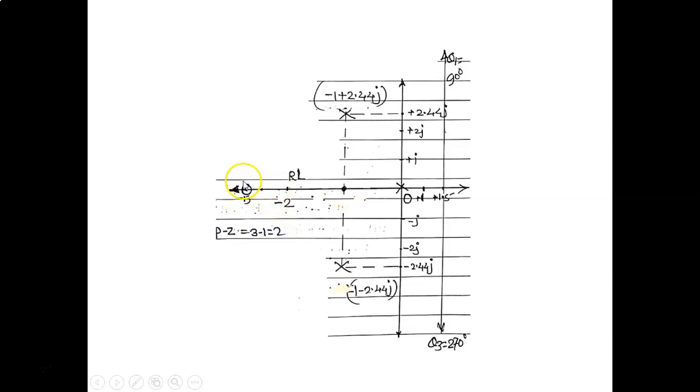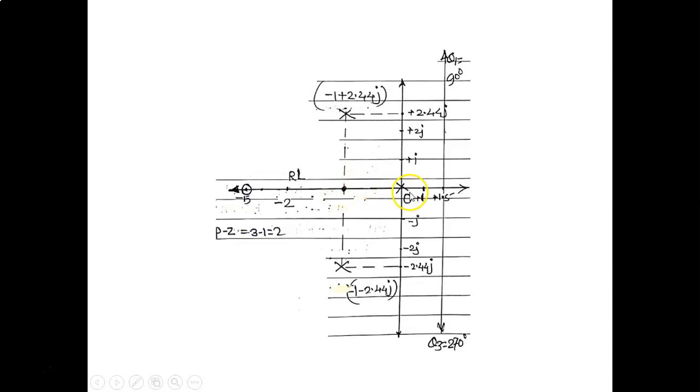Find out root locus region. Consider first of all the first pole, that is 0. Towards right side of this, p plus z is equal to 0, therefore no root locus region towards right side of 0. Now consider the second pole, minus 1 plus 2.44j.